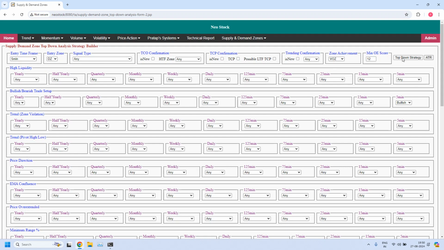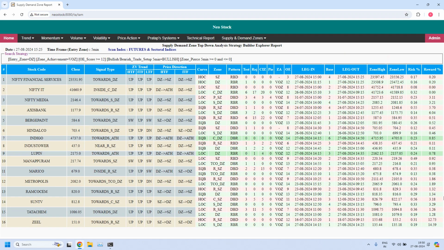Now let us filter the list. Now 16 stocks are filtered, and these 16 stocks are supporting bullish trade setup for hourly income trade. Now the question is, out of these 16, how many are having confluence with 15 minutes time frame?